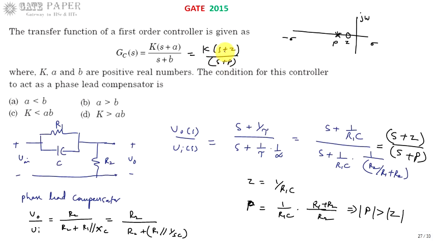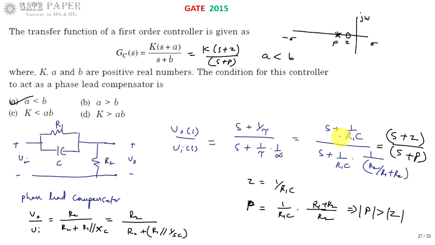If you want to use it as a phase lead compensator, the Z value must be smaller in magnitude compared to P. Z value means A should be less than B. So if the magnitude of A is less than the magnitude of B, then you can use it as a phase lead compensator. So the answer for this question is A less than B, and the K value can be anything.